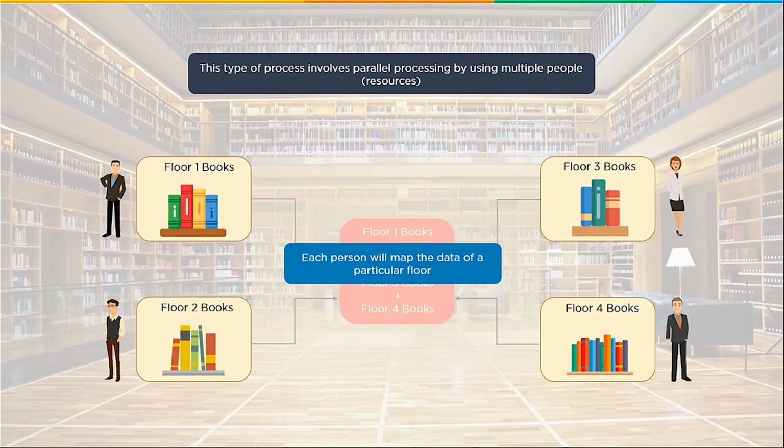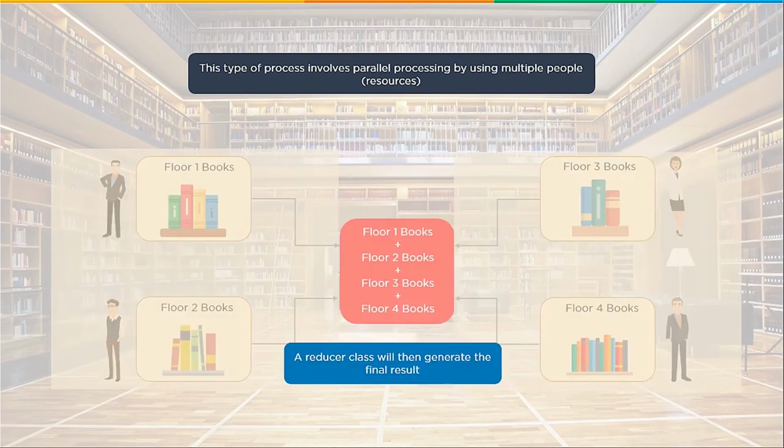Each person is mapping the data of a particular floor, or you can say each person is doing a kind of activity or basically a task on every floor, and the task is counting the books on every floor. Now then you could have some aggregation mechanism that could basically reduce or summarize this total count, and in terms of MapReduce we would say that's the work of the reducer.